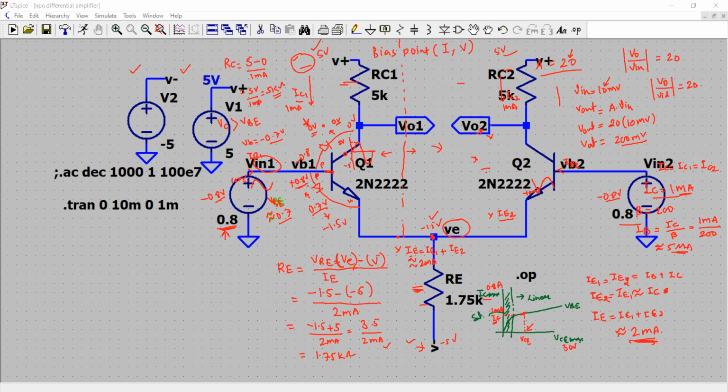And plus 0.8 plus 0.7 would be 1.5. Plus 1.5 is the voltage here. So if it is plus 1.5, and this will be plus 1.5 plus 5, it would be 6.5 actually. Let me correct that. So you have to be accurate in calculation.